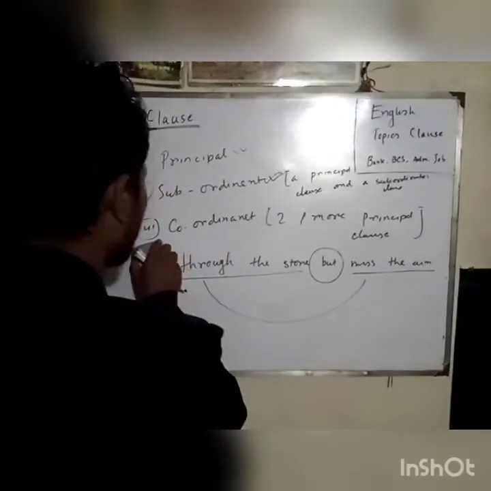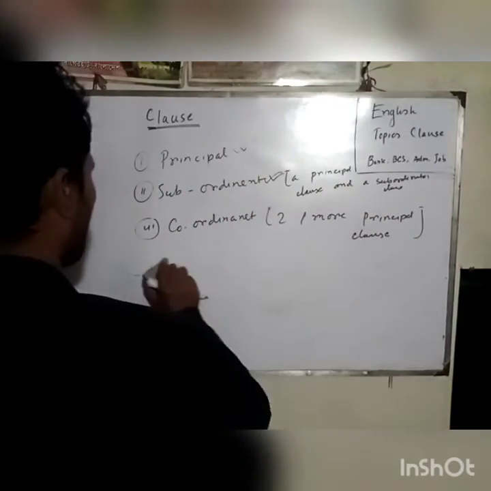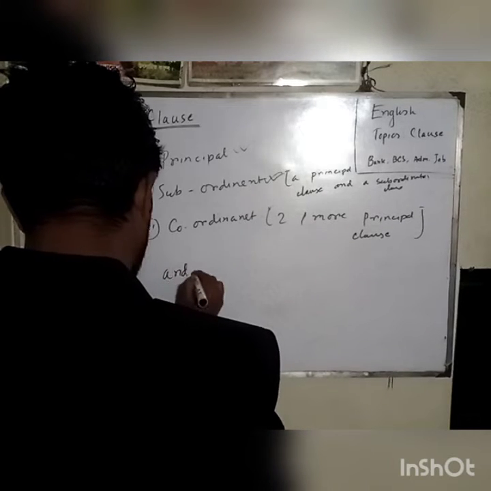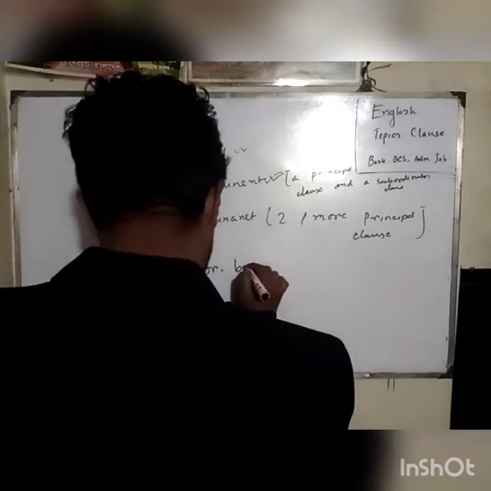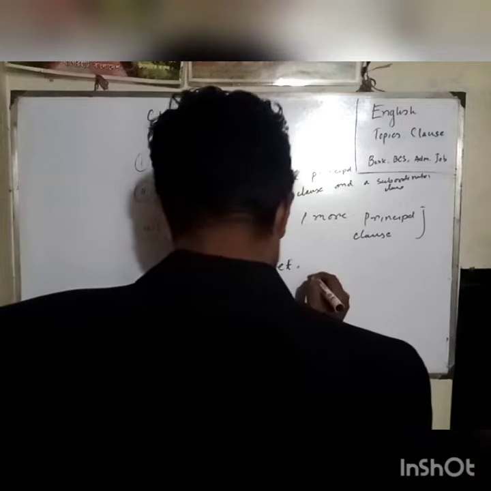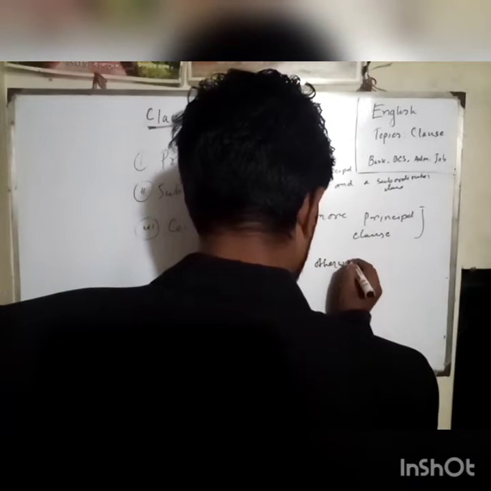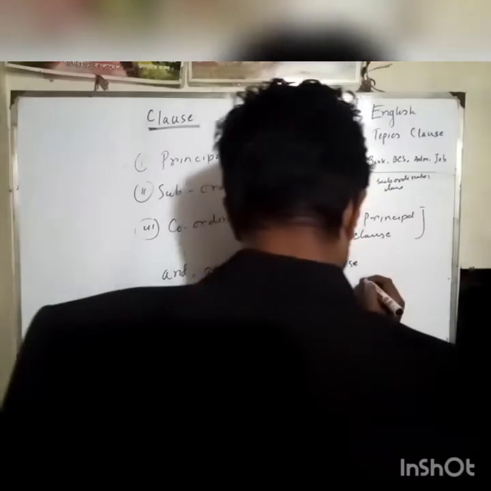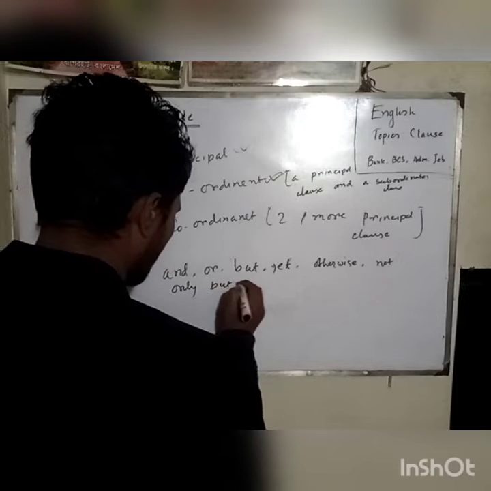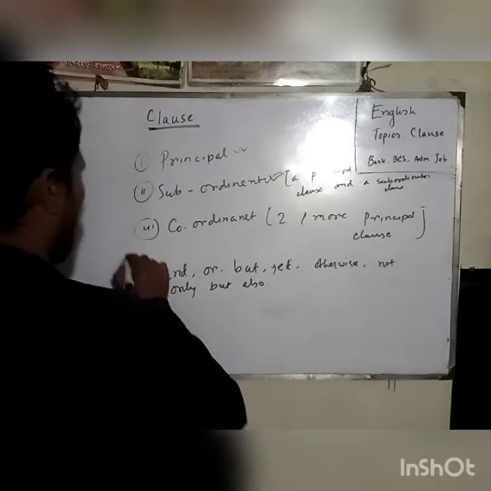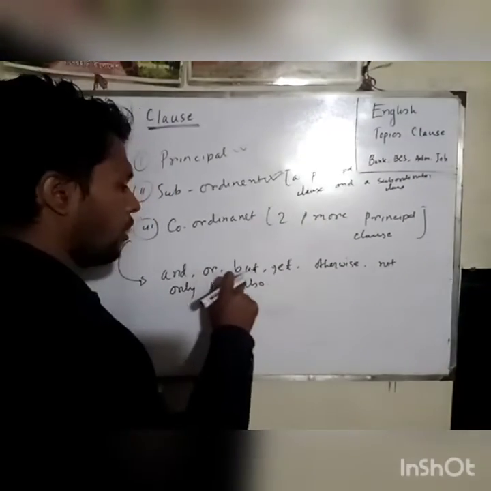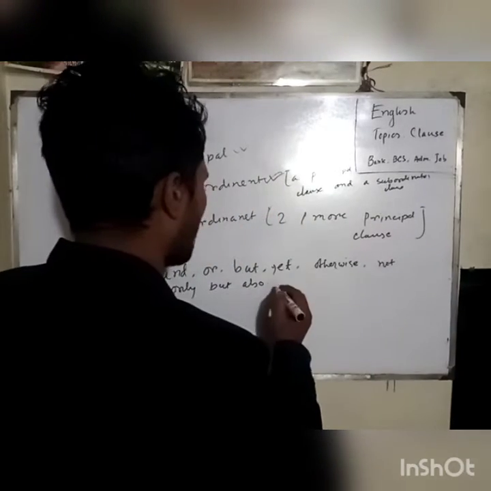A coordinate clause always consists of and, or, but, yet, otherwise, not only but also, etc.